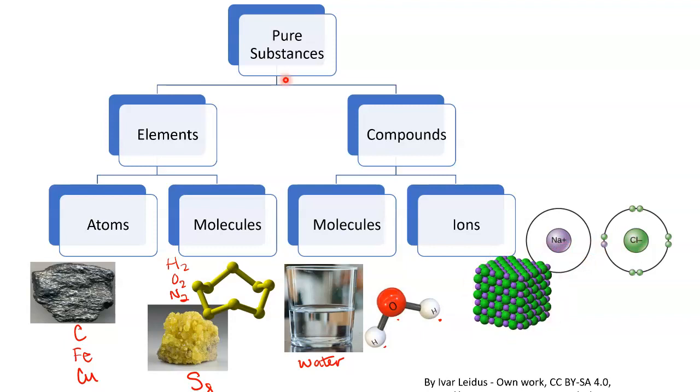So these are pure substances. They're all pure substances, but they all take different forms, from single atoms in a whole sample to covalently bound atoms making up a molecule of a single element to molecular compounds and ionic compounds.